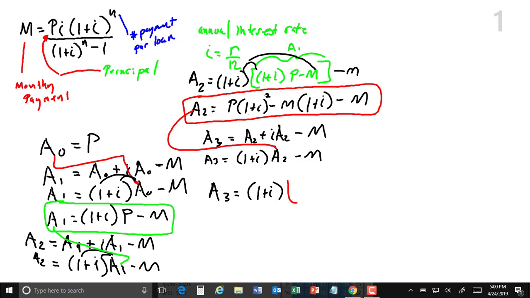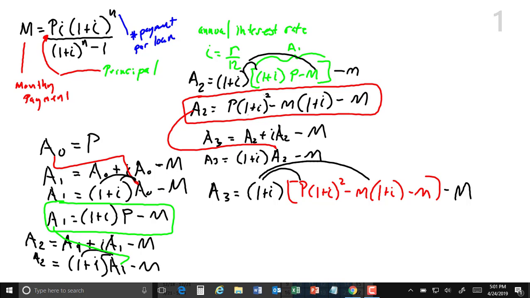So I'll put a red bracket here, and it's P times 1 plus I squared minus M times 1 plus I, minus M, close the parentheses, and we still have over here the minus M. Okay, sorry. So now I'm going to distribute this through, and I'll distribute over here and distribute.